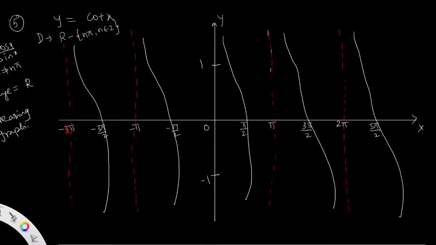And the last one is secant x, the sixth one, y equal to secant x. Cosecant is over, then secant x.